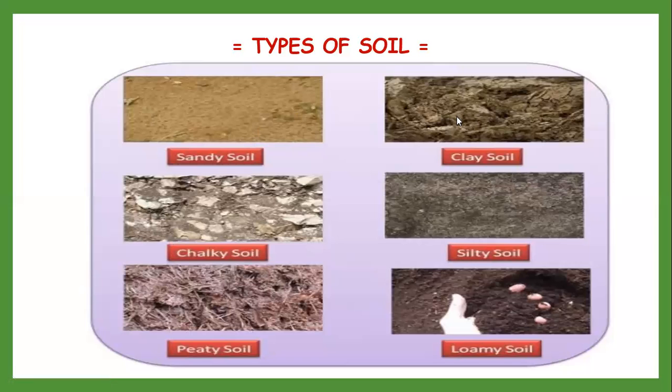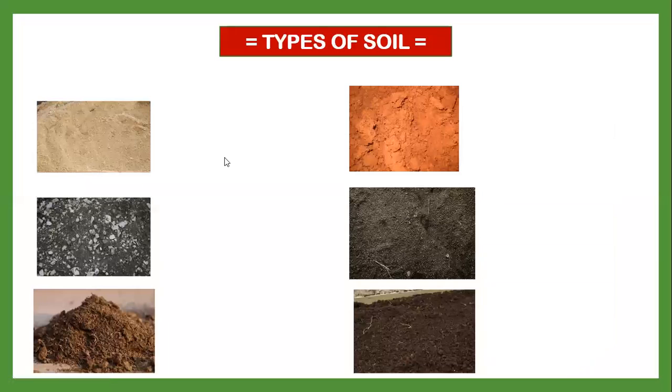Okay, let's study more. This one is a clear picture of the types of soil. So again, class, what do you call this soil? If you see this type of soil, this soil is called sandy soil.